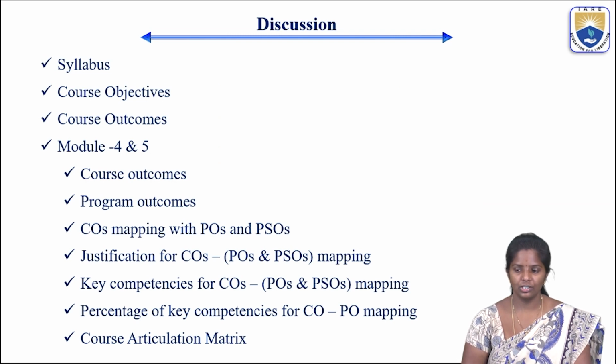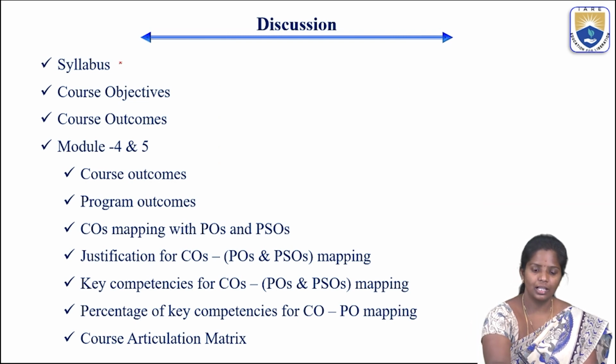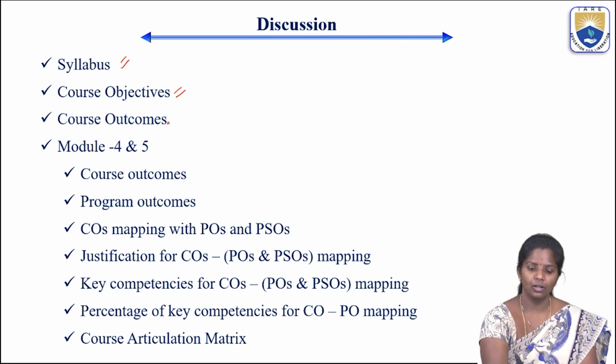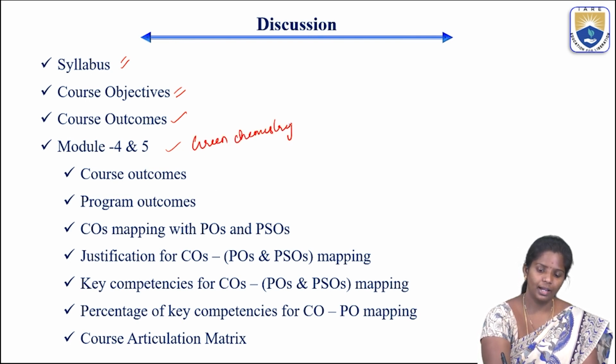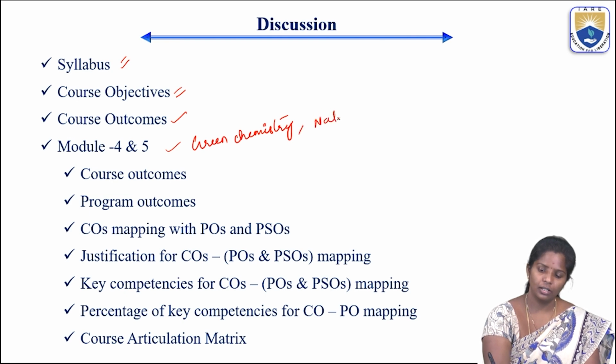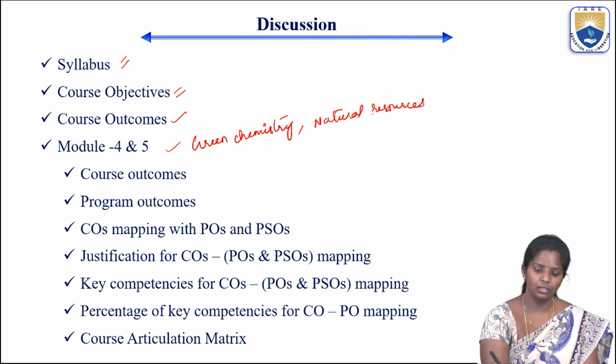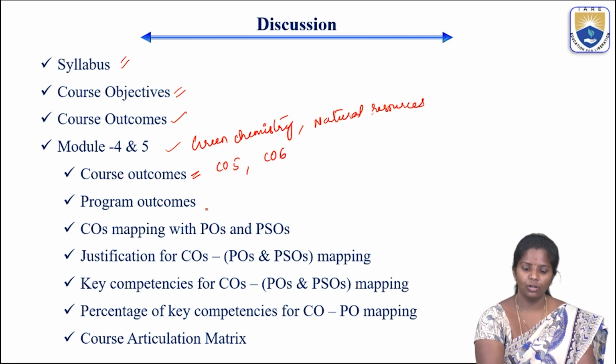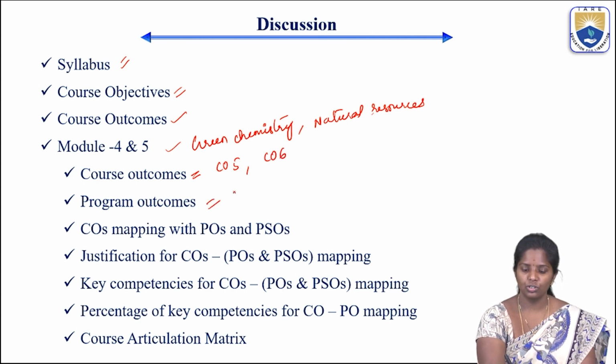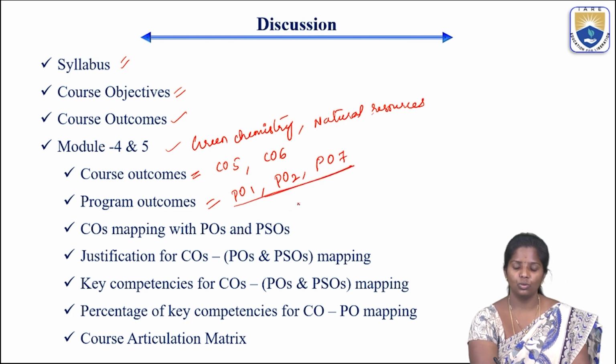This is the discussion we had in this session: syllabus, course objectives, course outcomes, modules 4 and 5, that is green chemistry, natural resources and pollution. Then course outcomes CO5 and CO6, then the program outcomes that are mapped. Most of them are PO1, PO2 and PO7. Out of these 3, some topics are mapped only to 2.